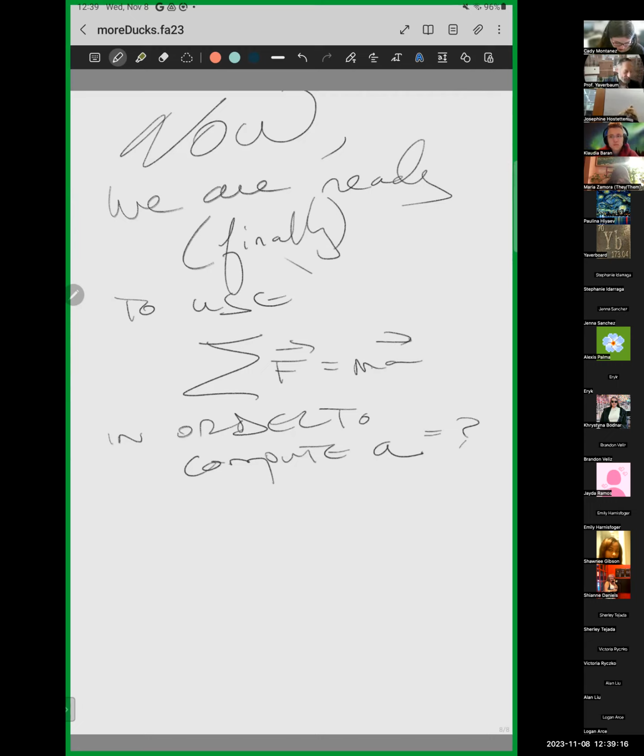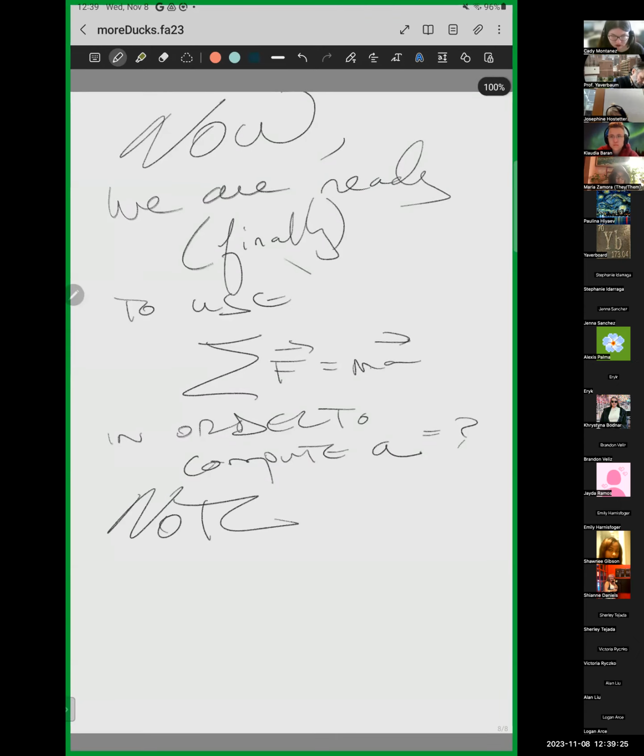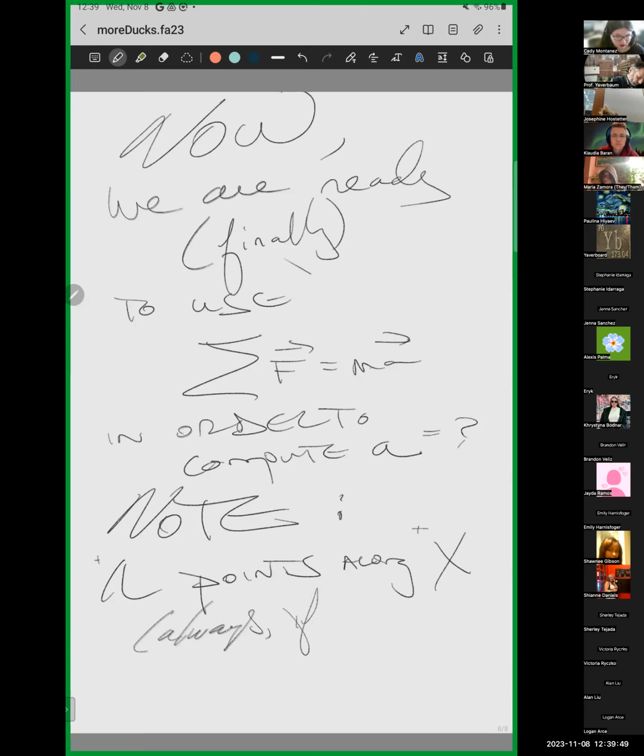The key is that F net equals MA really is two separate simultaneous equations. Note this, it's a subtlety.